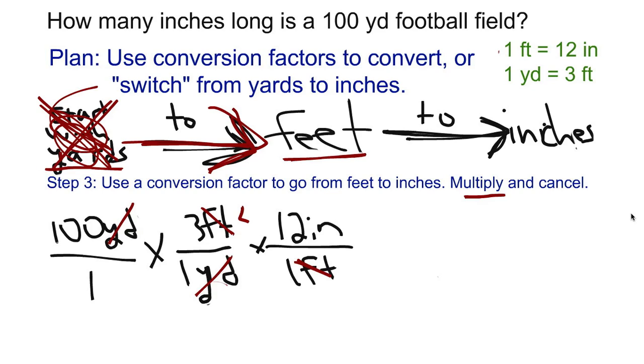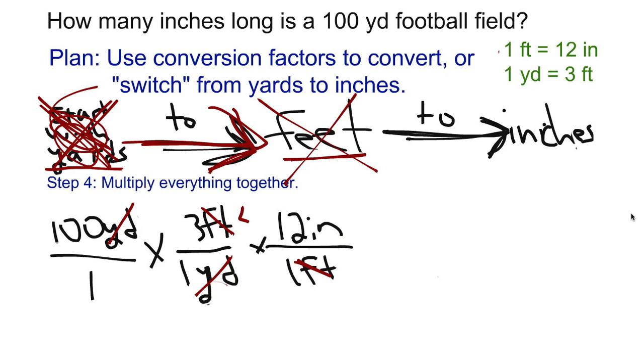Feet are going to cancel. Feet are canceled. And all that's left over are inches. And finally, for our last step, we're going to multiply everything together to get our final answer in inches. That will be the end of our destination.